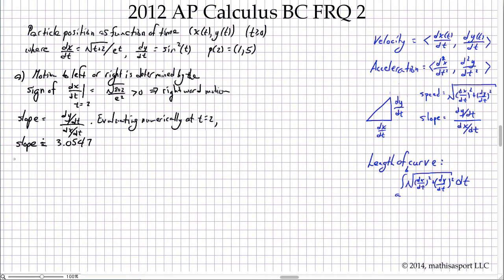Okay, let's go to part B. We need to find the x-coordinate of the particle's position. Now that they mention the x-coordinate, it reminds me that we probably should have included the fundamental theorem of calculus in our description of useful information. So I'm going to put that back in here.